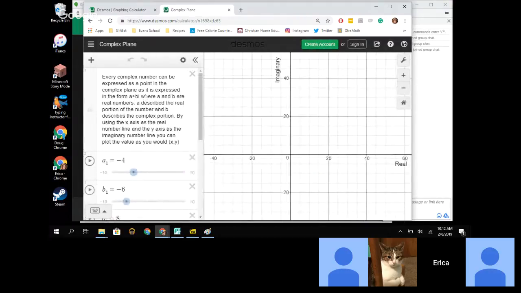I even like their description. It says, every complex number can be expressed as a point in the complex plane as it is expressed in the form a plus bi, where a and b are real numbers. By using the x-axis as the real number line and the y-axis as the imaginary number line, you would plot the point as you would xy.